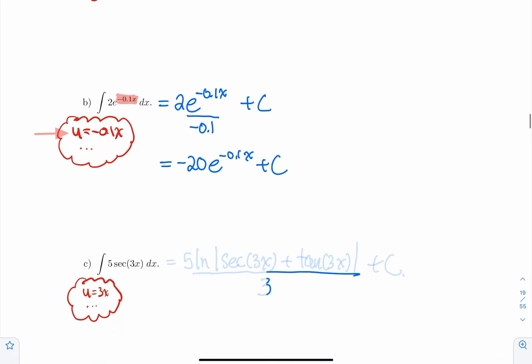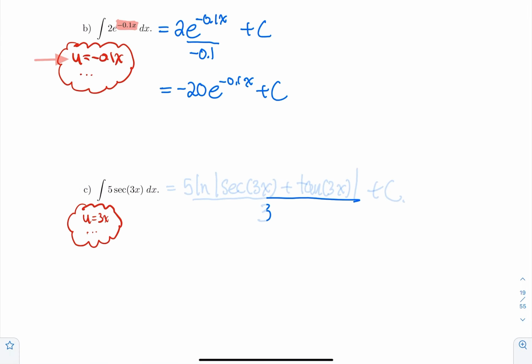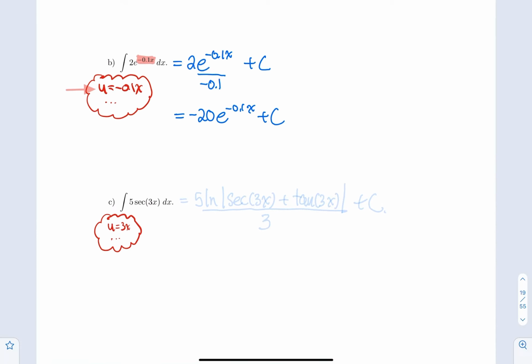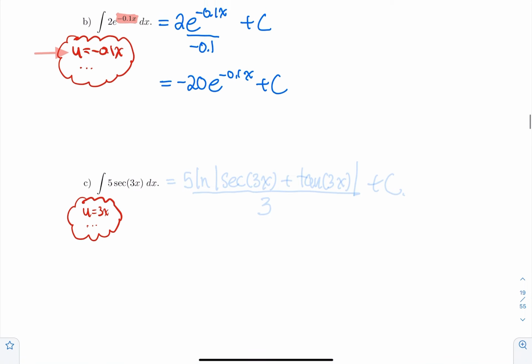Same thing for secant. If I want to integrate 5 secant of 3x, because I know that the integral of secant is the ln of secant plus tangent, but now I have secant of a linear function. If I was going to use a substitution, it would be 3x, but now I'm just going to use the fact that I know the trick.